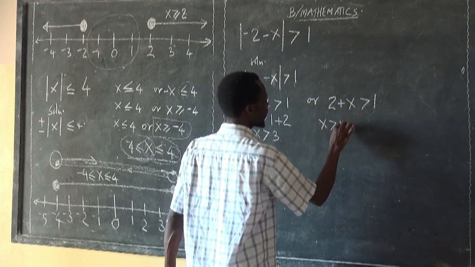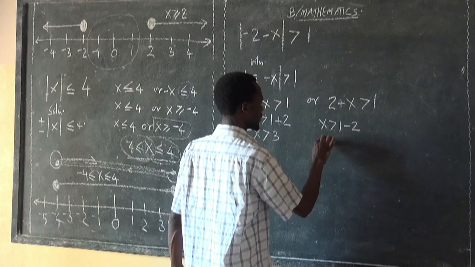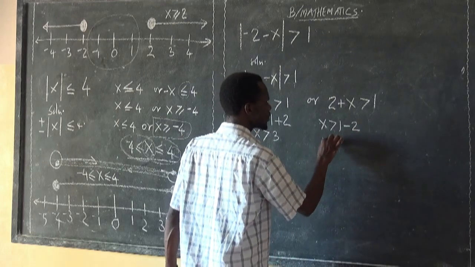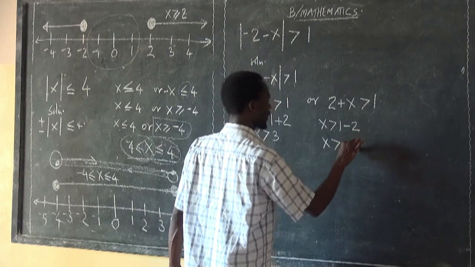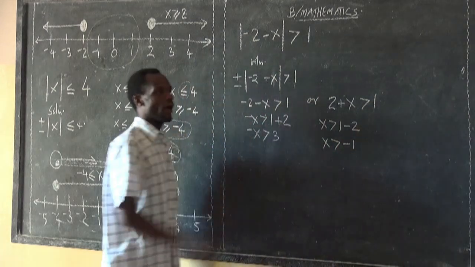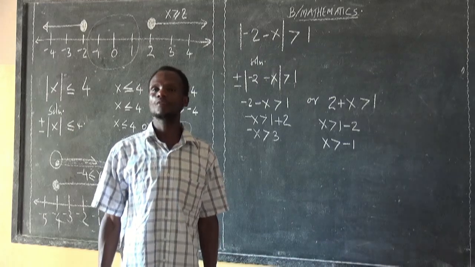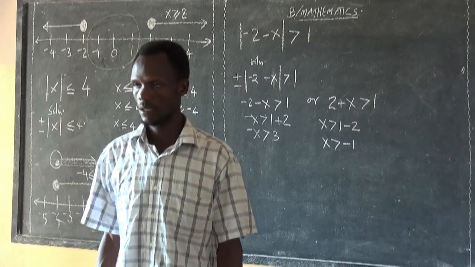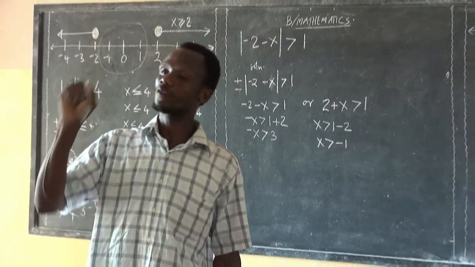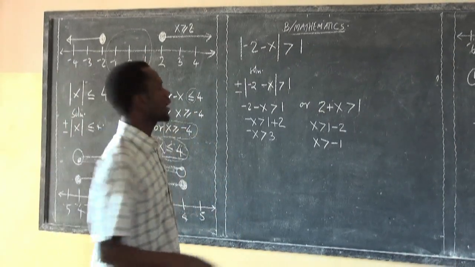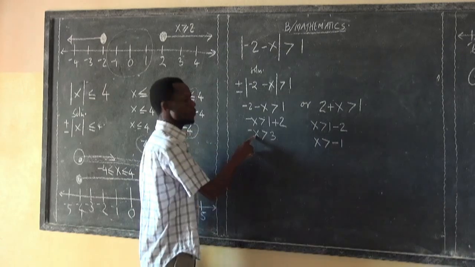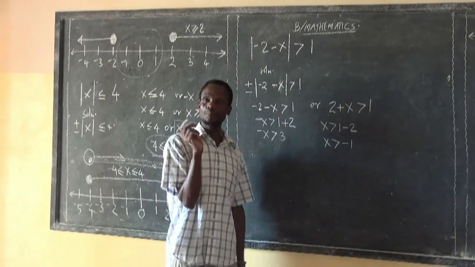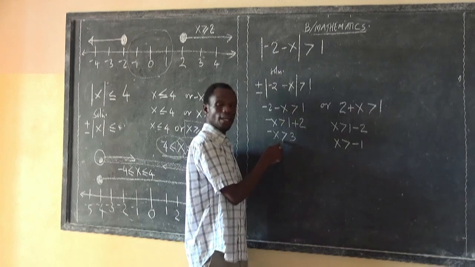When it is taken to the other side, it becomes what? Negative. Now, negative is greater than negative 1. But remember here, we are not looking for the value of negative x. We are looking for the value of x. We divide it by negative both times. But if you divide by negative both times, this sign will change.